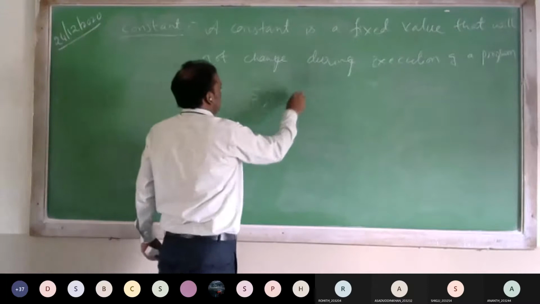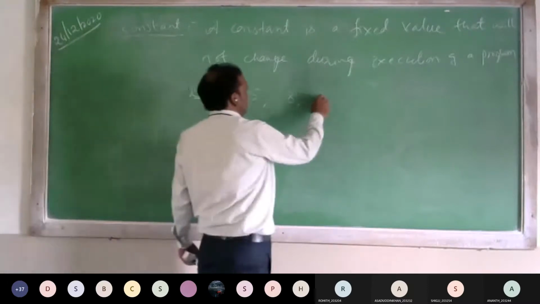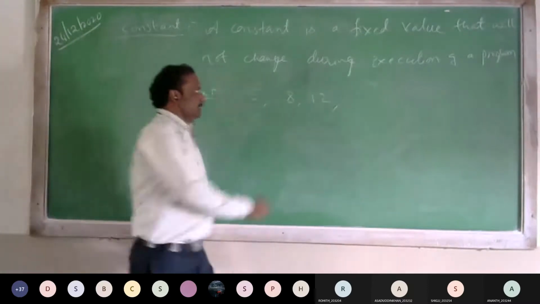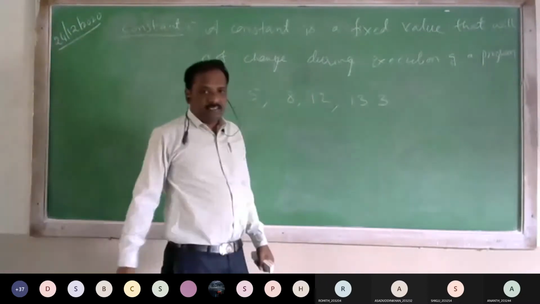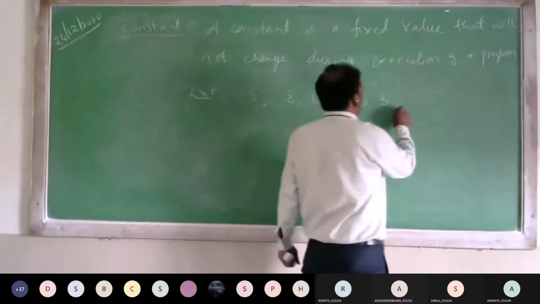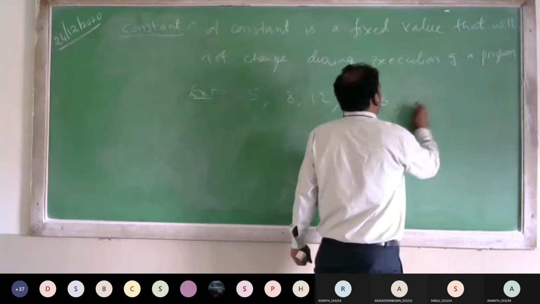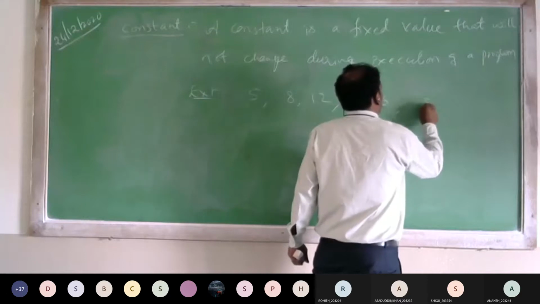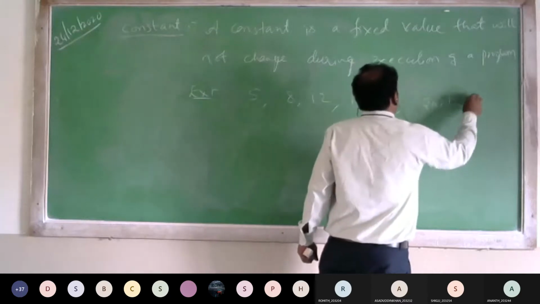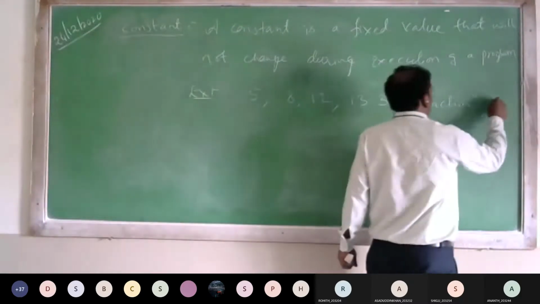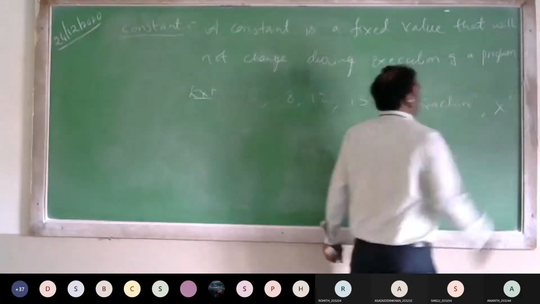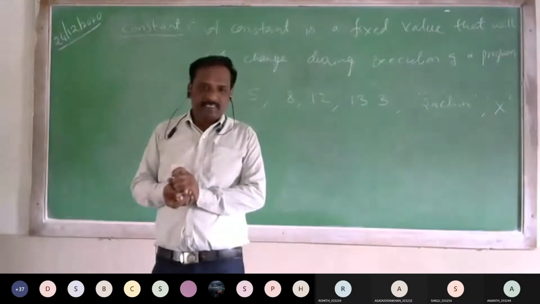5, 8, 12, 13.3, 13, comma, x. These are called constants.